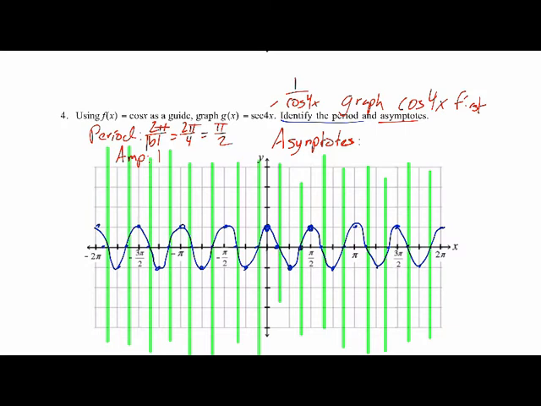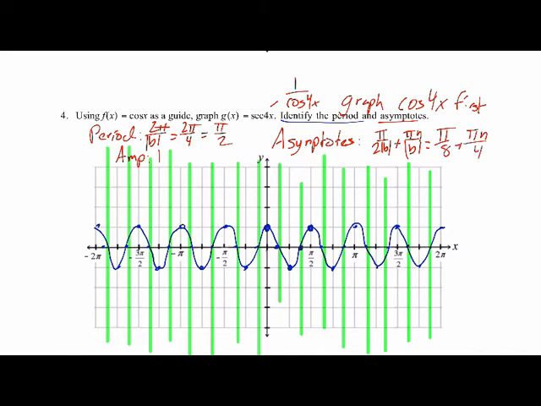The equation that I give you for the asymptotes is pi over 2 times absolute value of b plus pi n over b. So again, our b value is 4, so it's going to be pi over 8 plus pi n over 4.